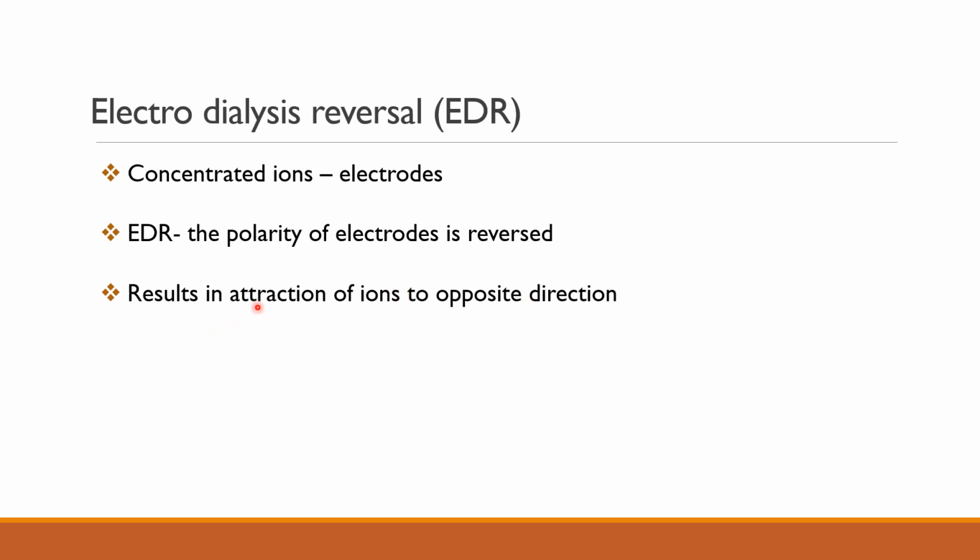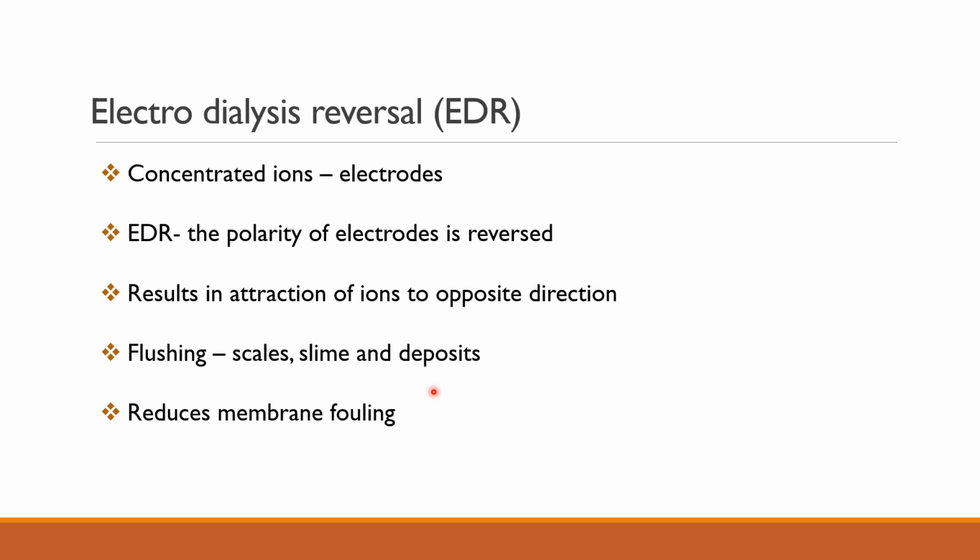So the ions which are deposited on the membrane are thrown off from the membrane into the solution, and it results in flushing of the membrane. The scales, the slime and the deposits which are on the membrane will be removed from the surface of the membrane, and this results in reduction of membrane fouling.